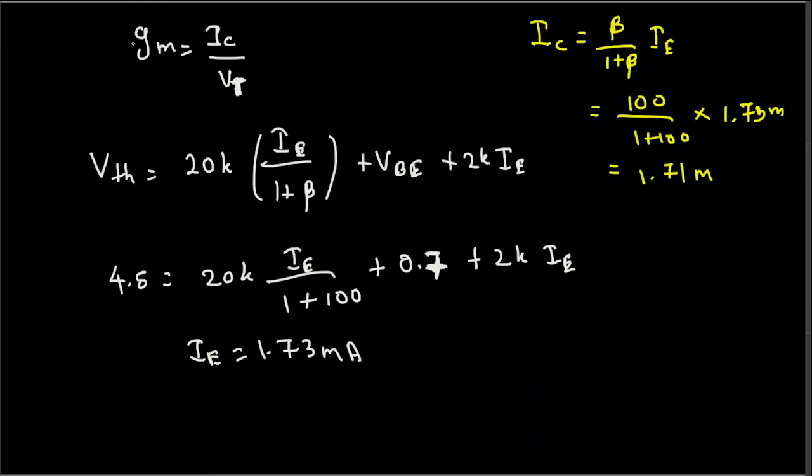So now we have IC, and VT is a constant value, 26 milli. So gm is 1.71 milli over 26 milli, and if you calculate gm, you will end up getting 68.5 milliamperes per volt.